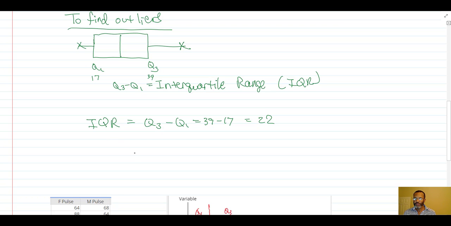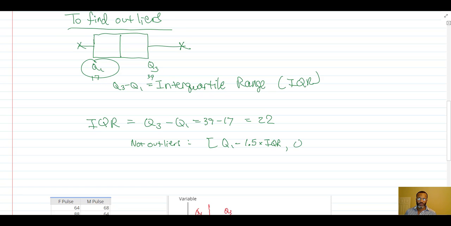So values that are not outliers will be within this range here, where you have the left side, Q1 minus IQR times 1.5. So Q1 minus, and then the reach goes out 1.5 times the IQR.